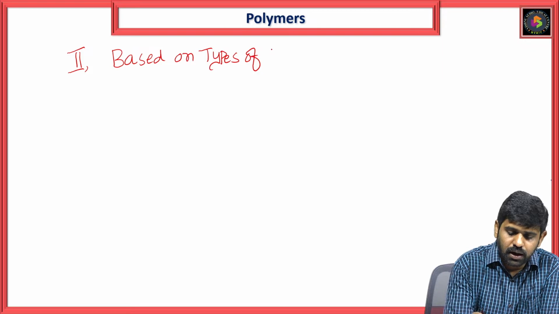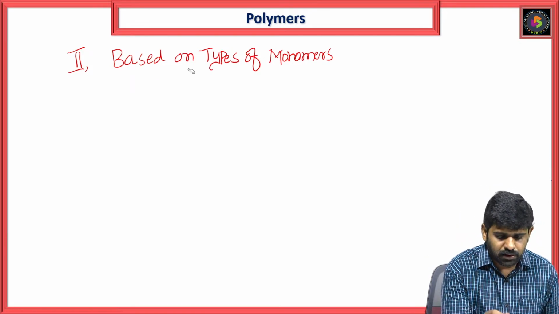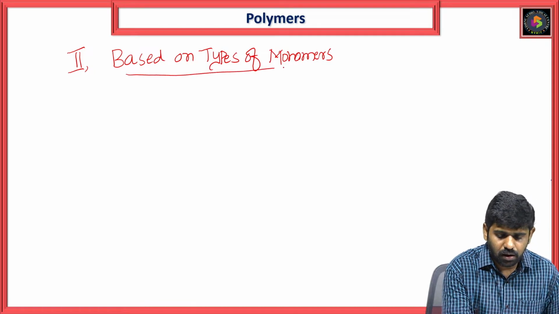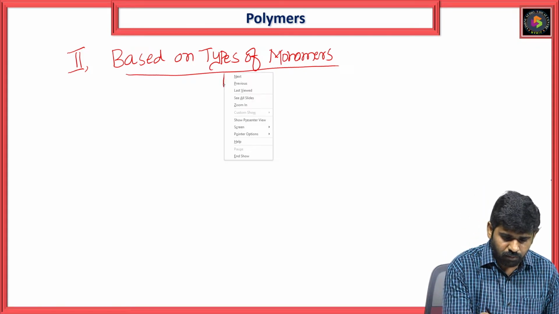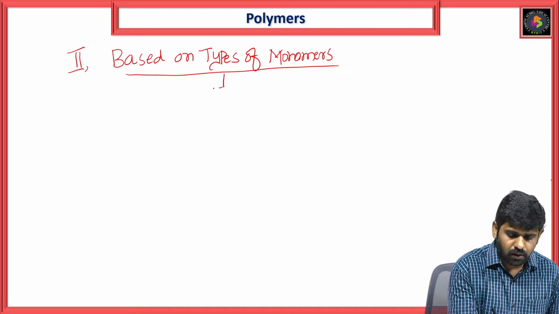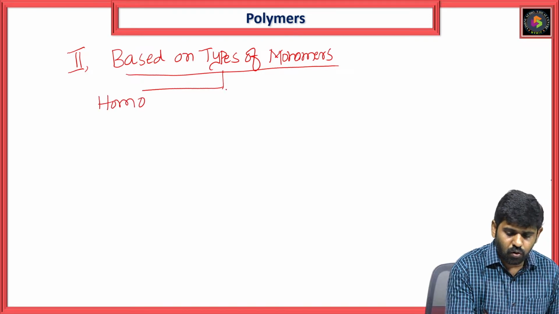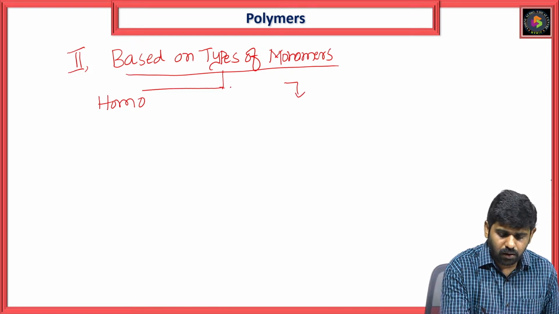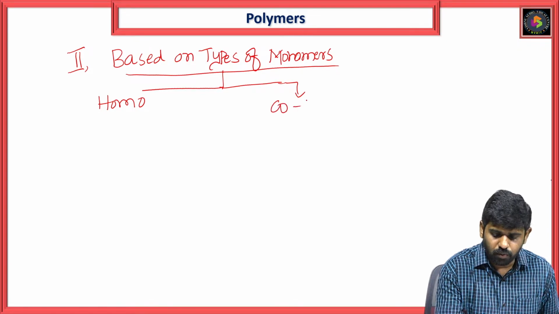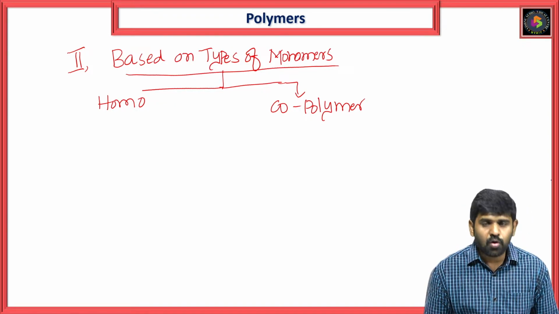Based on types of monomers, polymers are of two types: homopolymer and copolymer.